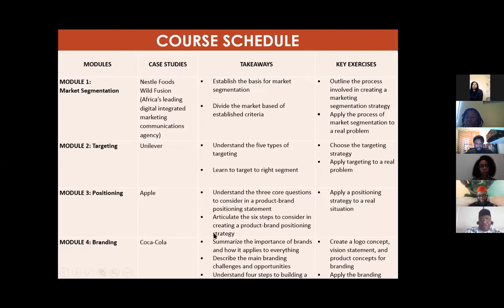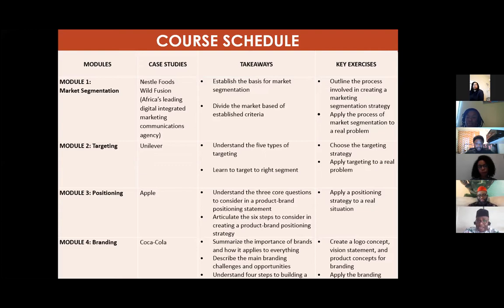Then for the branding, of course, you should understand that branding has to do with identity and maintaining identity. How can a product with branding, like for example, the case study that is outlined here is Coca-Cola. In most of the countries of the world, you see that Coca-Cola is excelling.